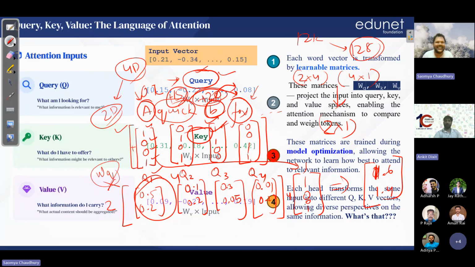Exactly, sir. The dimension of WQ was 128 cross 12K, and the exact same 128 into 12K will also be for WK, because for every question there is an answer, right? Brilliantly said, sir.